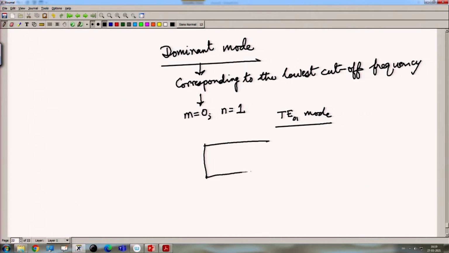If I again draw the cross section of the waveguide, so this is the x axis, this is the y axis, this is a and that is b.